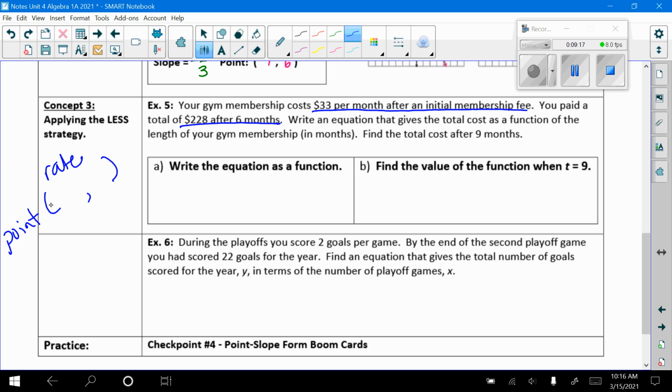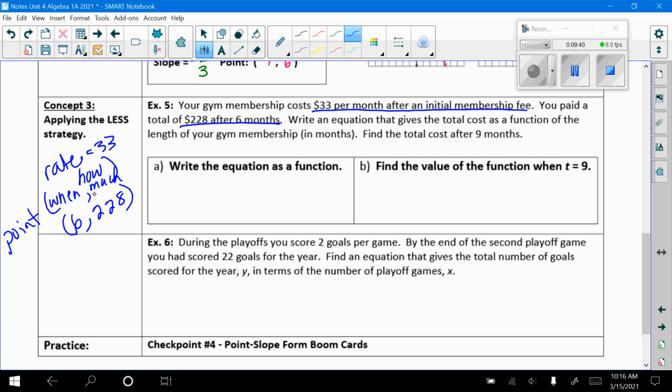In a point, we're going to call this a when and a how much. So I've got this much after 6 months. So when 6 months, it's 228. And my rate looks like it's 33.